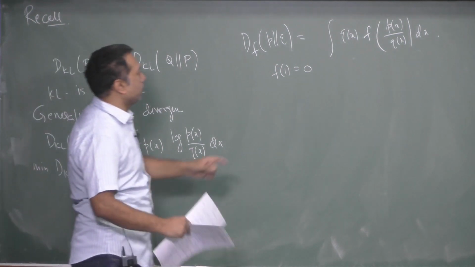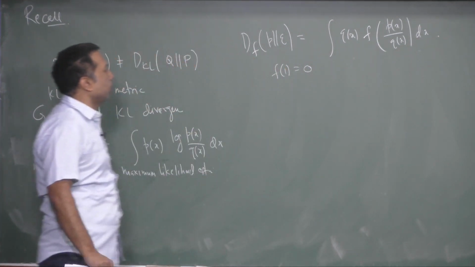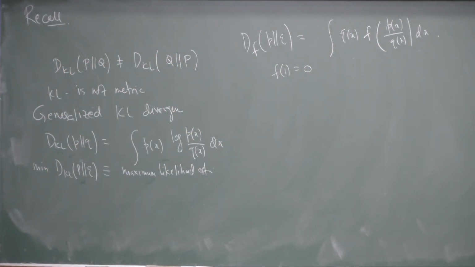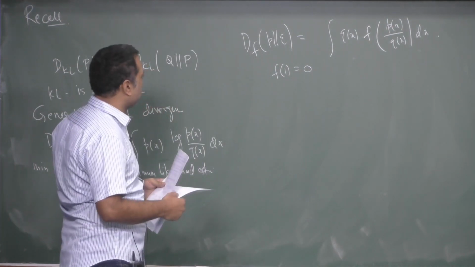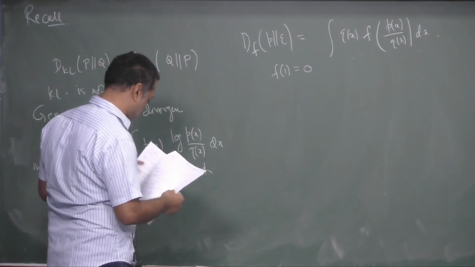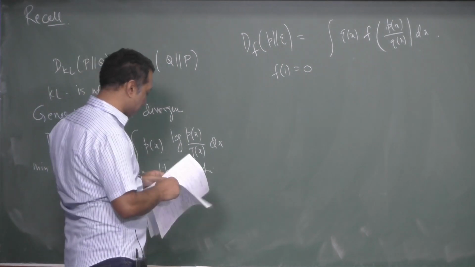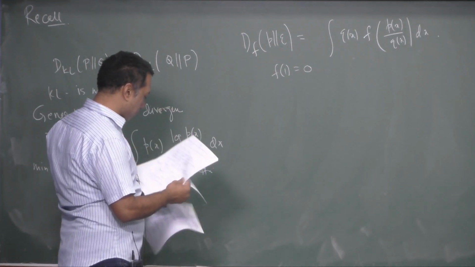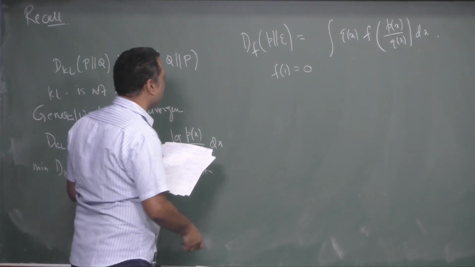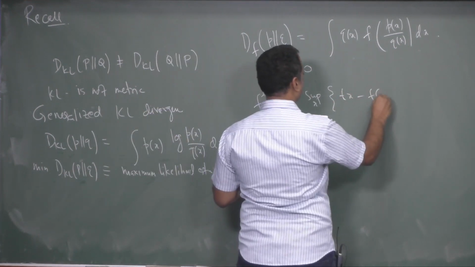Then the next idea came after noticing that this is a convex function, and we introduced the conjugate. The conjugate function allowed us to create a variational form of that. We also use the reflexive property, like F double star is F, and so on. So we were looking for a variational form where F star of T is the supremum of T x minus F(x).